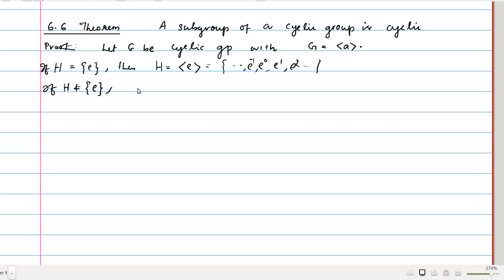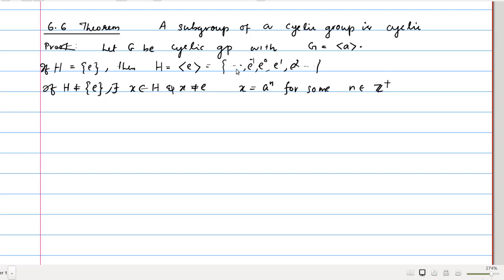So H contains at least one non-identity element; let it be X. Then there exists X belonging to H, X not equal to identity. Then this X takes the form X equal to A raised to n for some n belonging to Z plus.